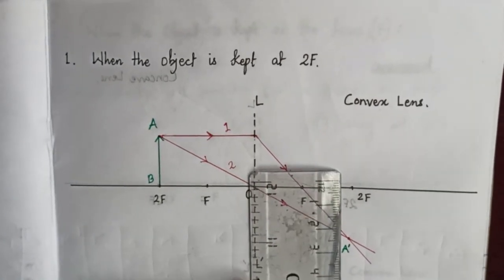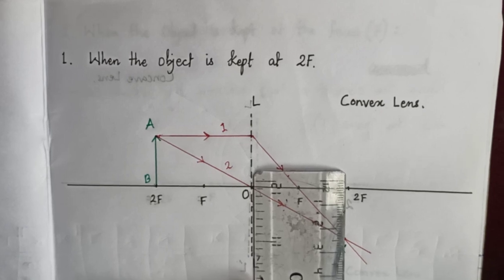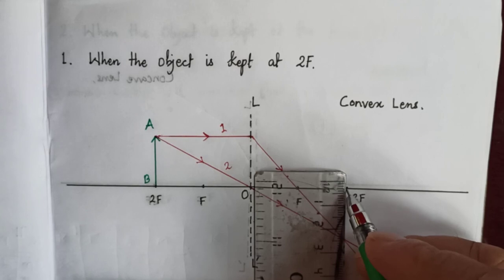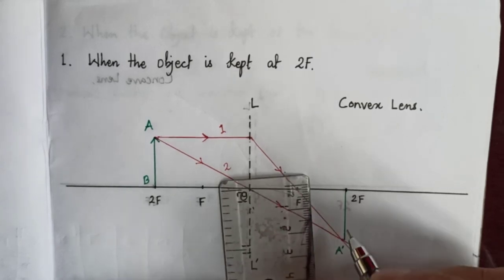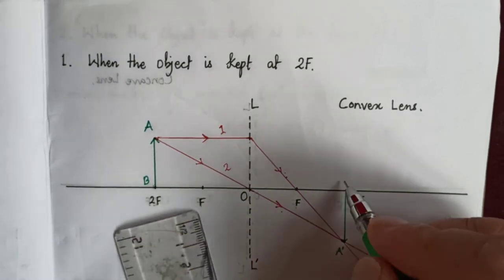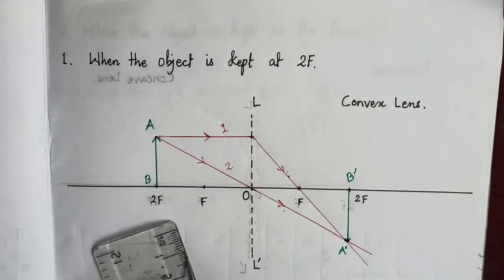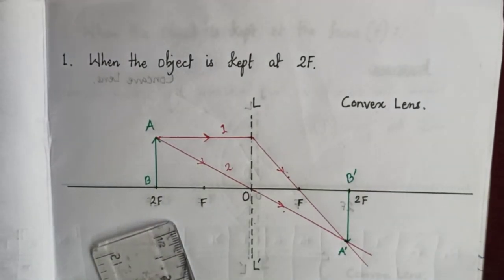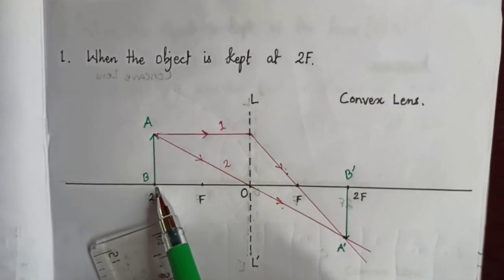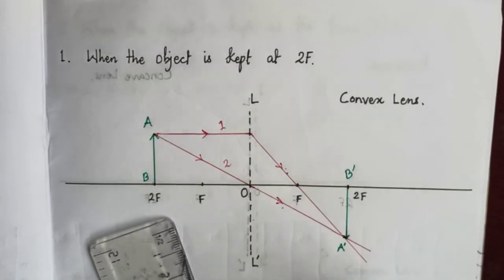Now from A dash, I'll drop a perpendicular on the principal axis, and this becomes point B dash. So you can clearly see that A dash B dash is the image of AB formed by this convex lens.